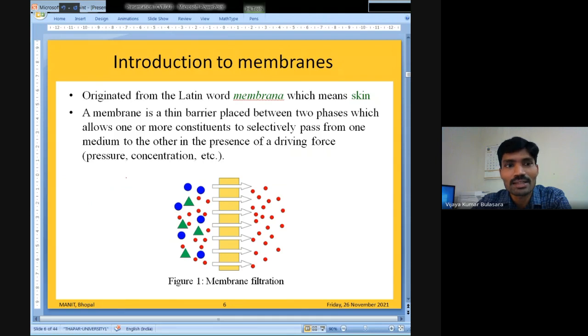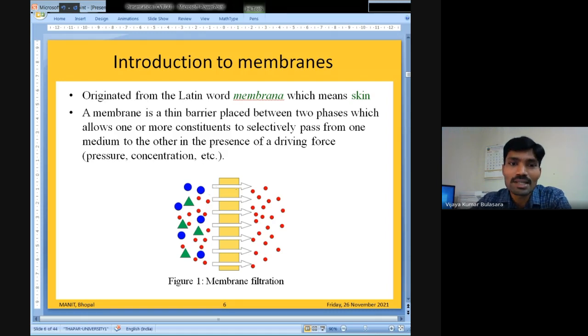It is also called transmembrane pressure or pressure difference. There are other processes which work on the difference in concentration as the driving force, but in wastewater treatment we focus mainly on the pressure driven membrane processes. In most of our pressure driven membrane processes, the membrane will have fine pores or openings through which the solvent can pass through.